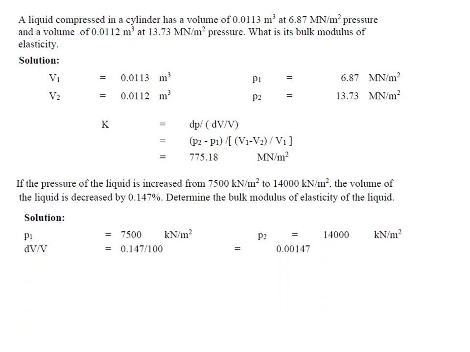Therefore we can find K, which is dou P divided by dou V by V. Dou P is 14,000 minus 7,500, divided by 0.147 divided by 100, which is 0.00147. So I'll get the bulk modulus in kilonewton per meter square.